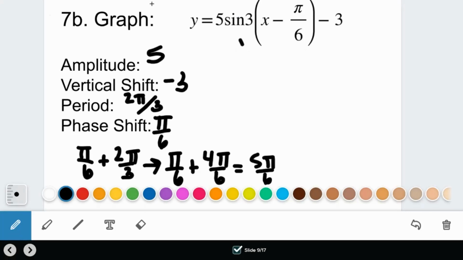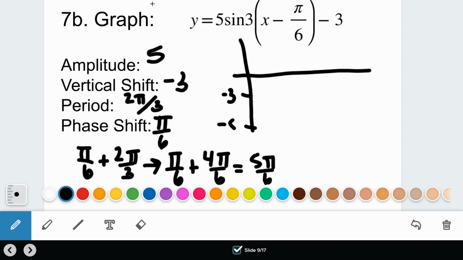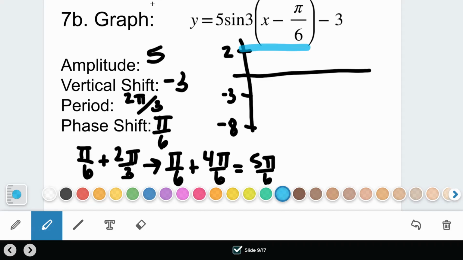So in this graph, we're going to be dropping down to -3. We're going to go 5 below that, which is going to be -8. We're going to go 5 above -3, which is going to be 2. And we're going to end up with a high and a low at 2 and -8.